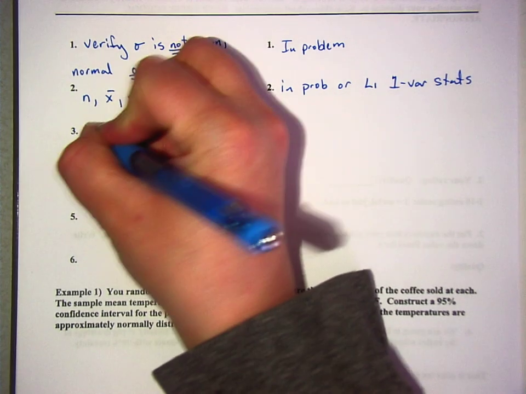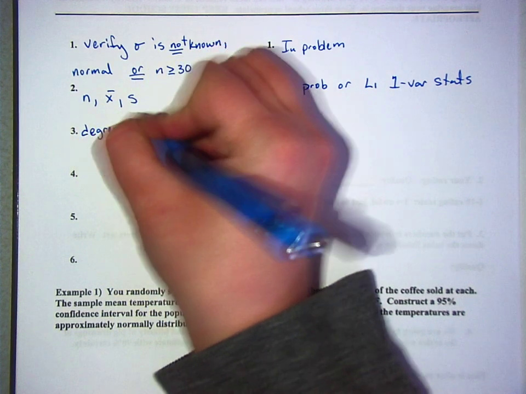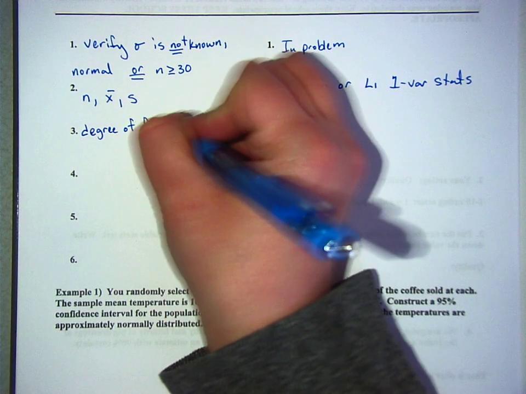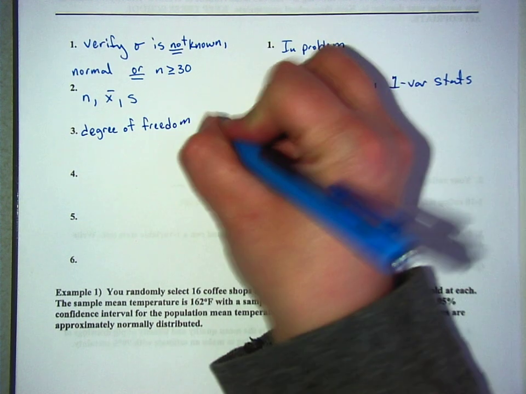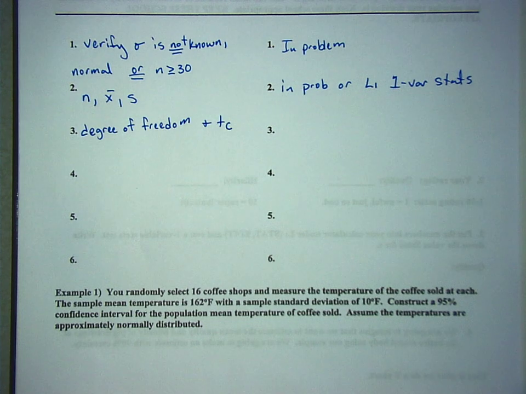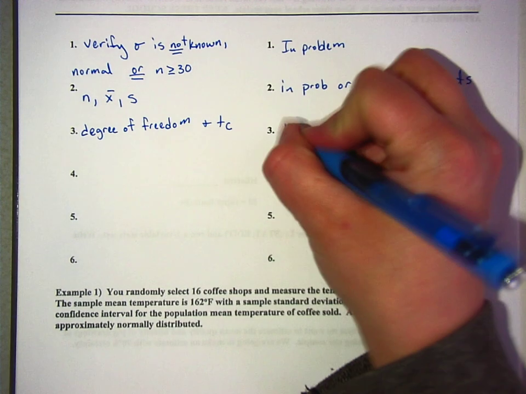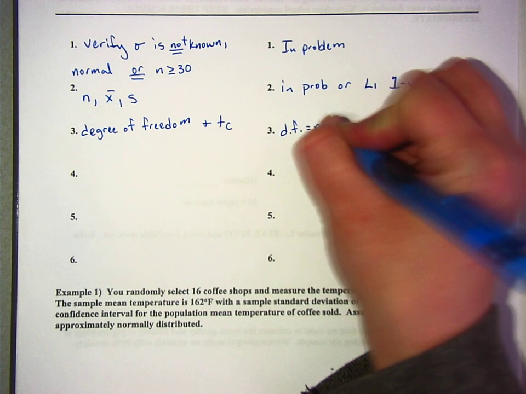Next, you've got to find the degree of freedom and T sub C. So sigma population is Z sub C, and a sample is T sub C when we don't know. The formula for degree of freedom is n minus 1.